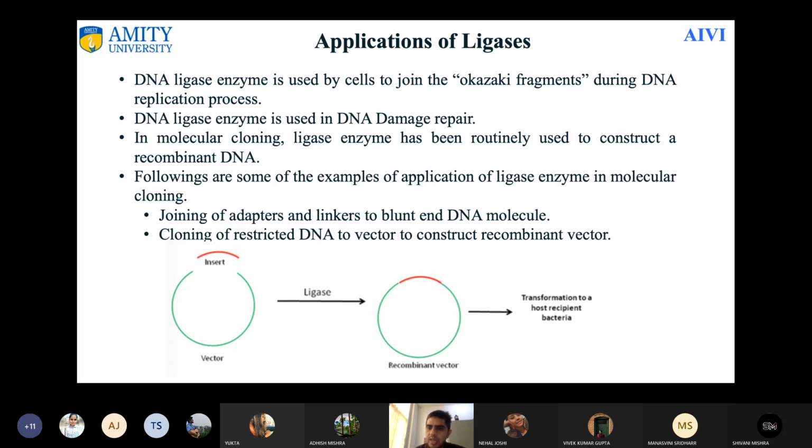Now if any one of you has any question on the ligases or the restriction endonucleases, their mechanism, their uses, their function, please let me know, because today we have enough time to discuss, at least 5-7 minutes. Any query? Anyone have any query?